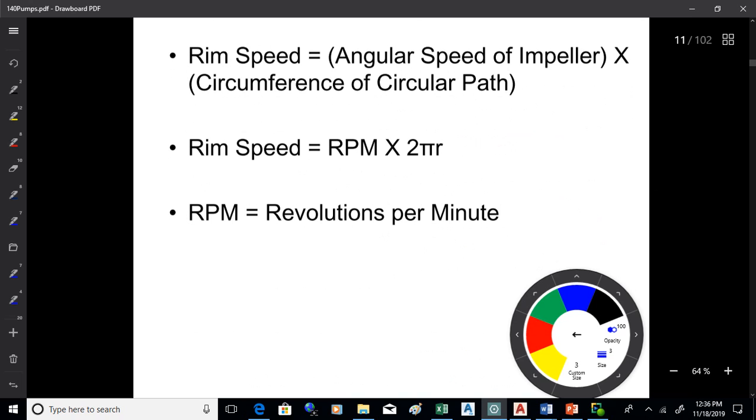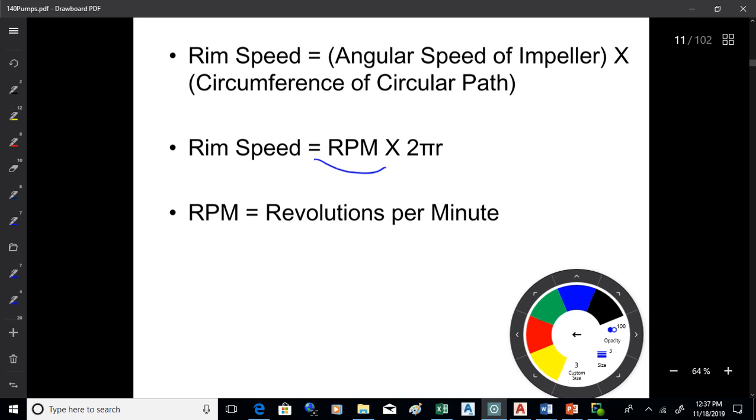So the rim speed is the angular speed of the impeller, which you can think about as being RPM. That's what you read on your tachometer in your car, and you can hear that quite often as a motor revs a little bit, times the circumference of the circle that the impeller travels in, which is 2 pi r.